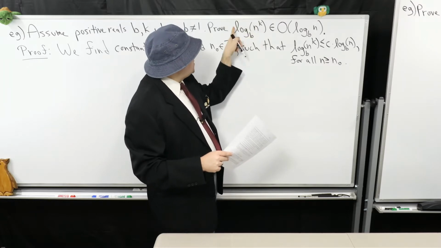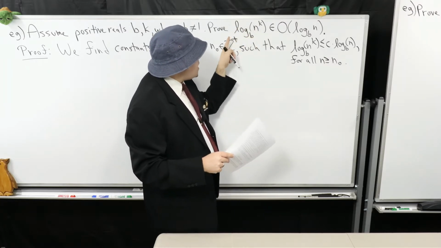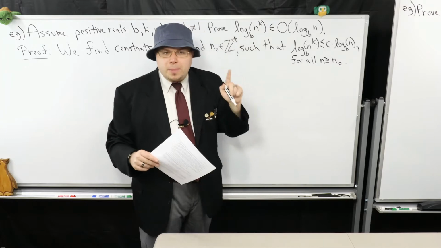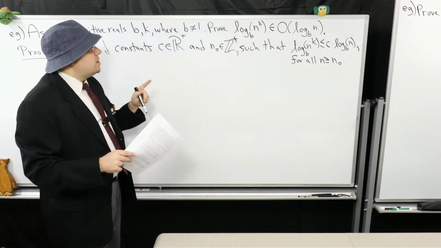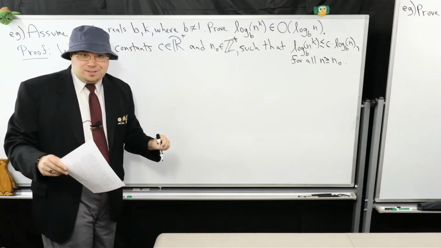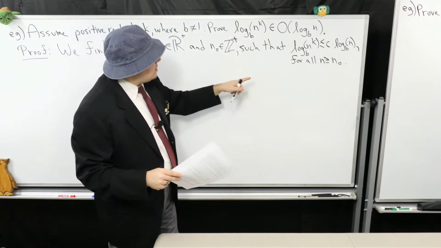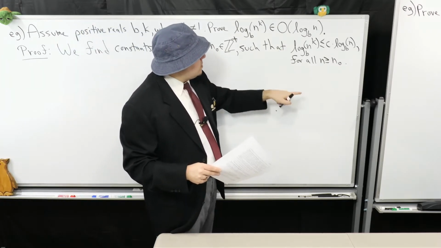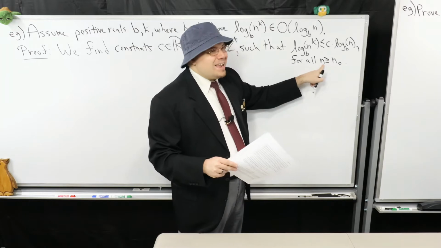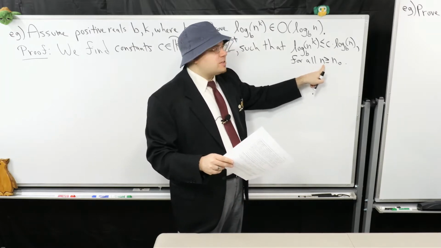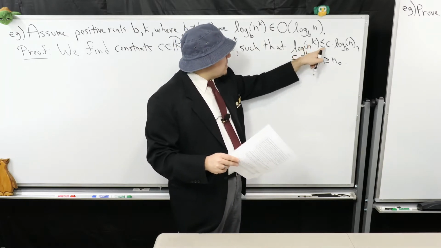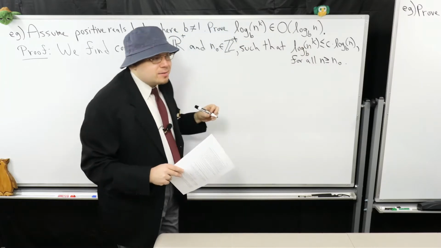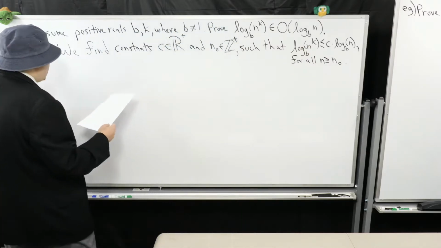You would agree with me that this should be equal to k times log base b of n, if you remember the power rule of logarithms. Remember, k is a constant. So how can I make it so that this inequality is going to work no matter what n is, for all positive integers? Well, maybe I should make c equal to k, and you invoke the power rule. That's what we're going to do.